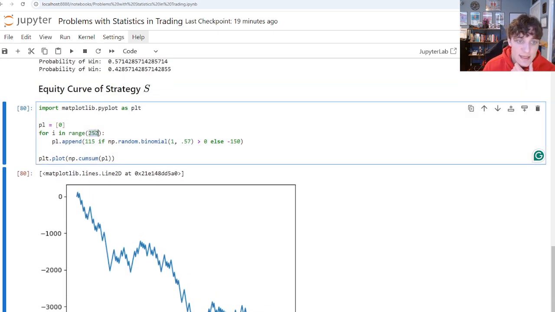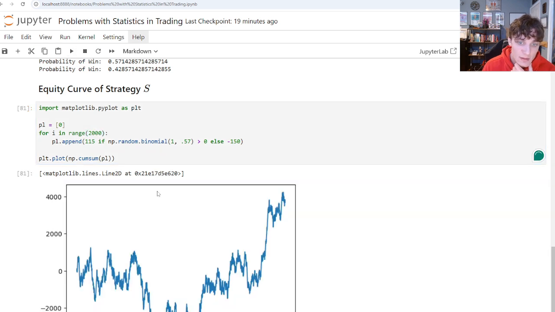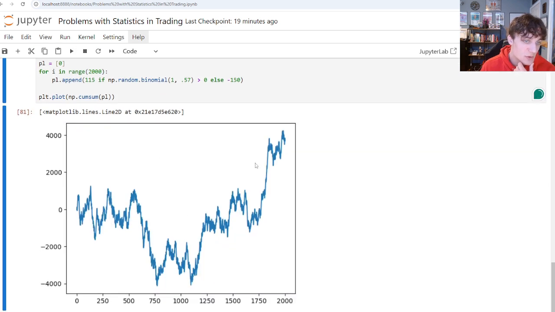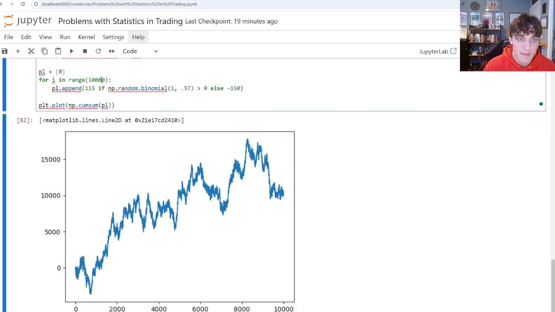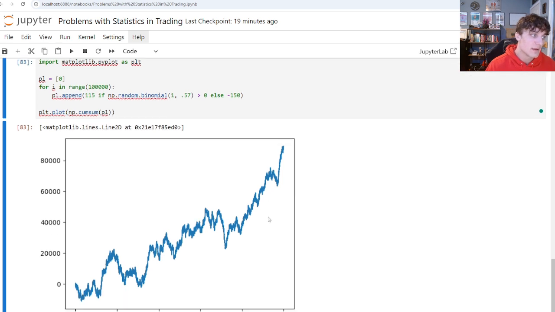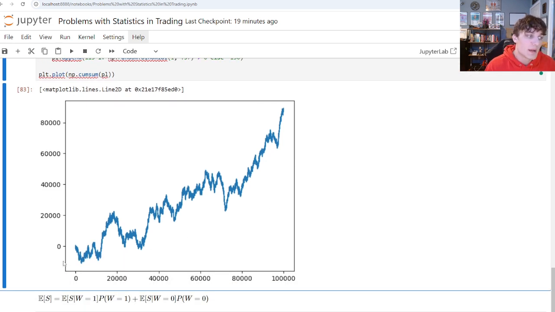But if I increase the days to, say, 2,000, now we're starting to see some drift. If I make it 100,000, we're seeing some drift. If I make this 1,000,000, now we're starting to see what I mean by this drift, right? We're seeing this edge.